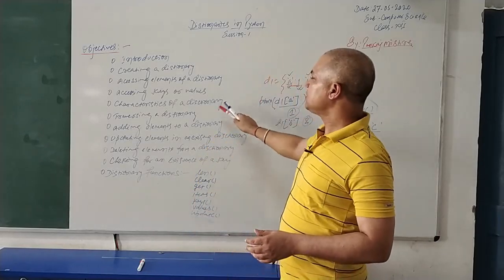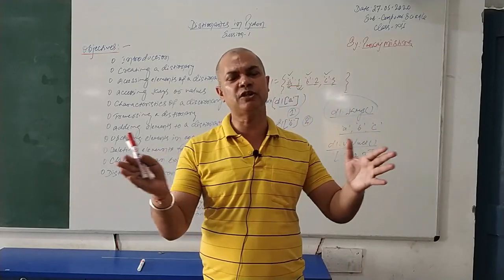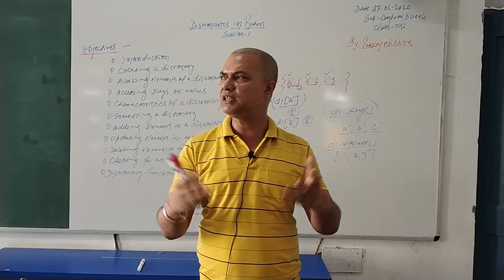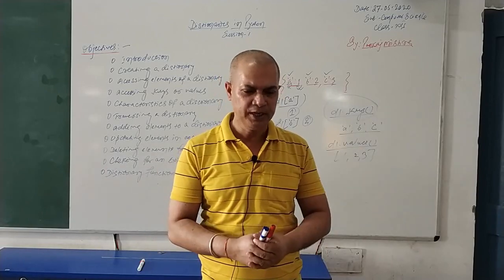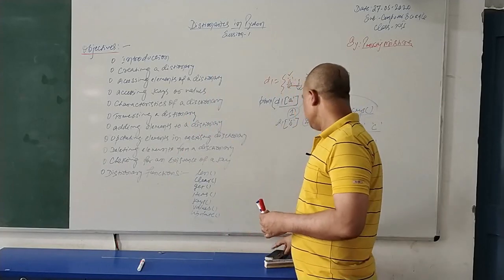Now come to traversing a dictionary. Traversing a dictionary means again accessing each element of the dictionary, like traversing a tuple, a list and a string. Now in case of traversing, we have to keep one thing in mind.